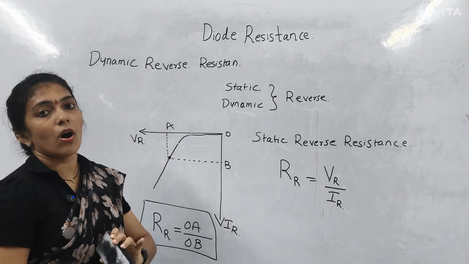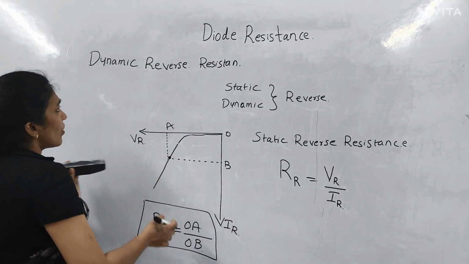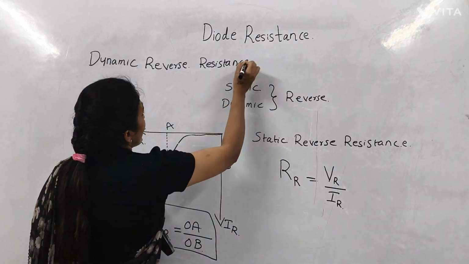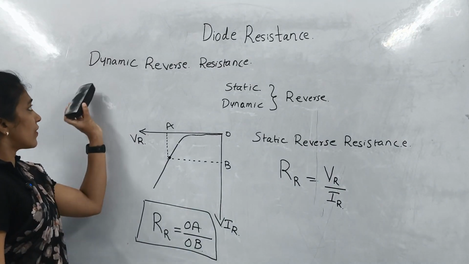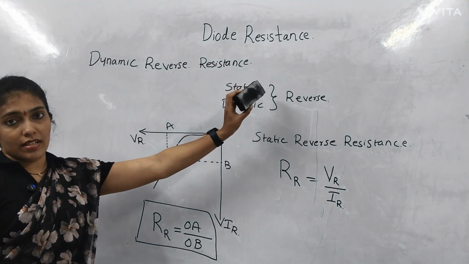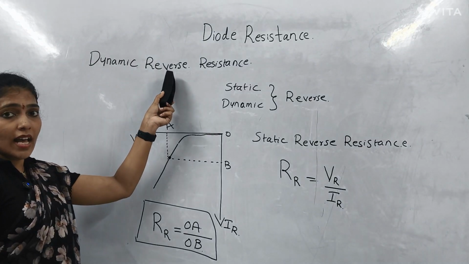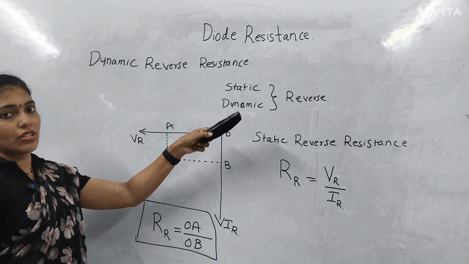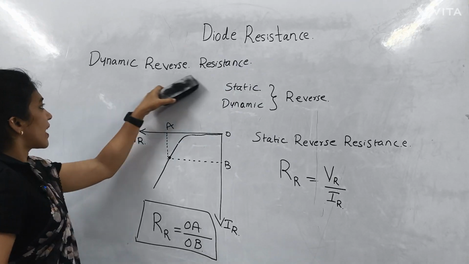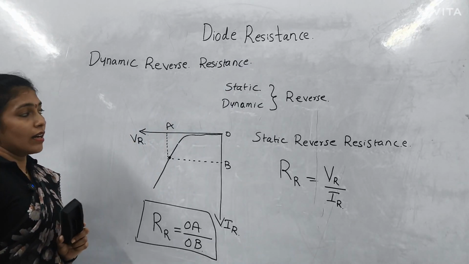That resistance is called dynamic resistance. Now in this condition, the diode is in reverse bias condition. So when the diode is in reverse bias condition as well as in AC condition, the total resistance is called dynamic reverse resistance.